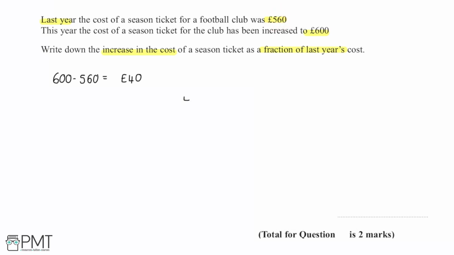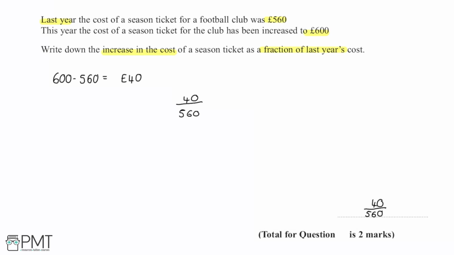So I can take that £40 and write it over £560. Now this does simplify, however, to get the marks to this question, this is all I need to write in the answer box. So 40 over 560 is going to be the fraction of last year's cost.